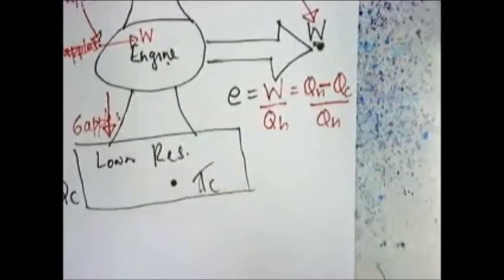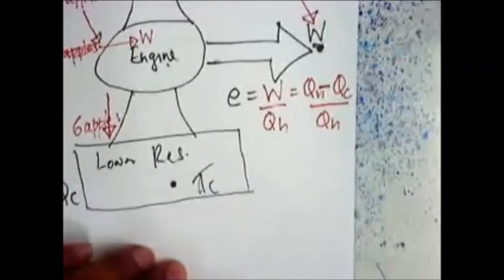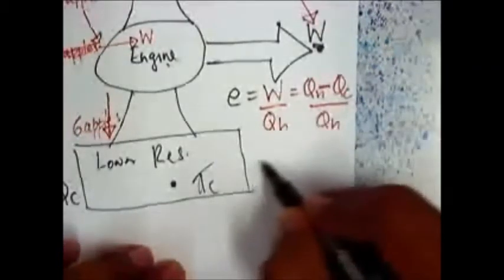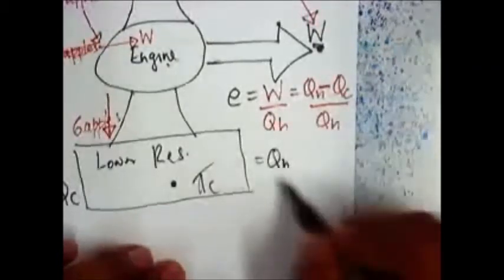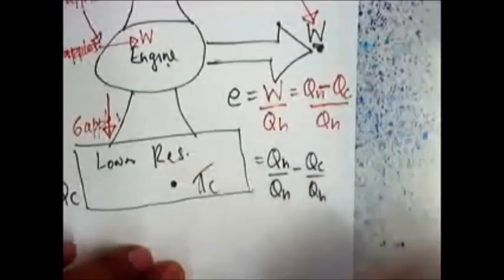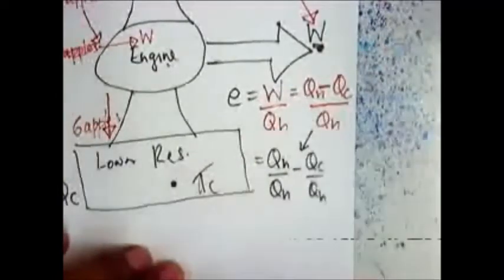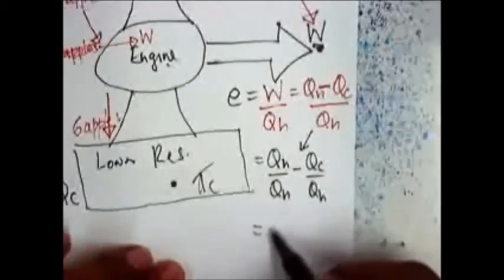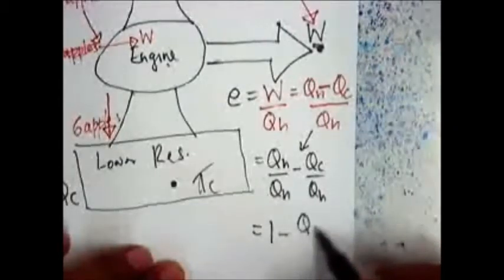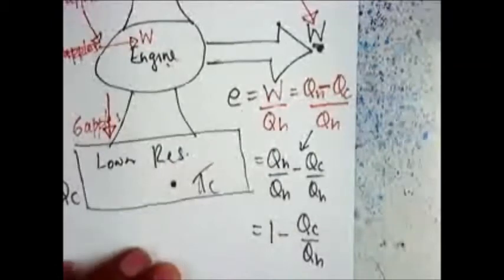You'll see in your books this is usually written as QH over QH minus QC over QH. I can actually divide this up like this, and I get 1 minus QC over QH. That's how the formula is derived.